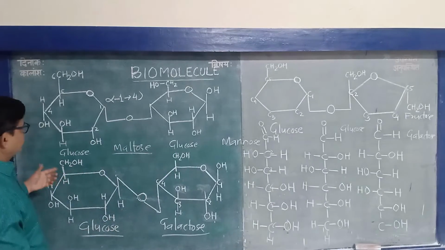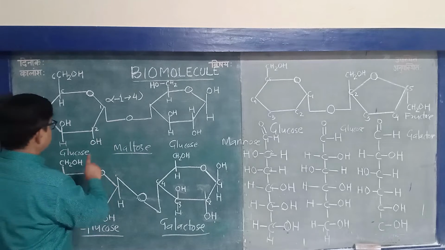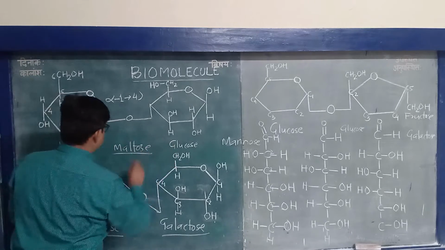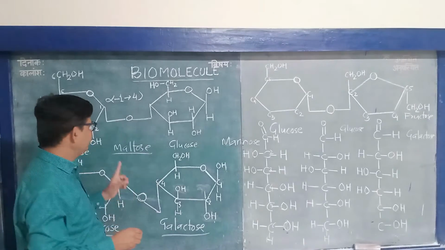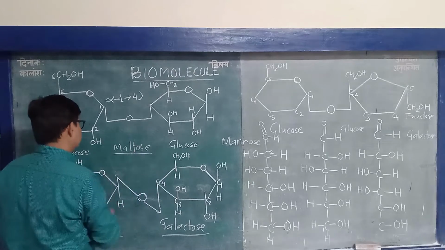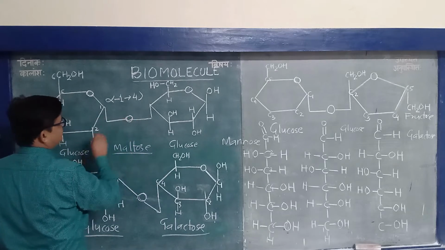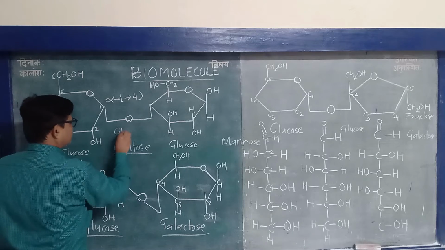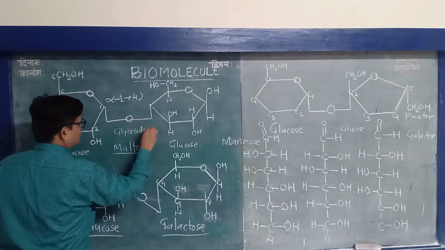If you see, there is a chemical bond between these two units of glucose. So what type of chemical reaction occurs between these two units of glucose? Here you see that O linkage, that is known as glycosidic bond.